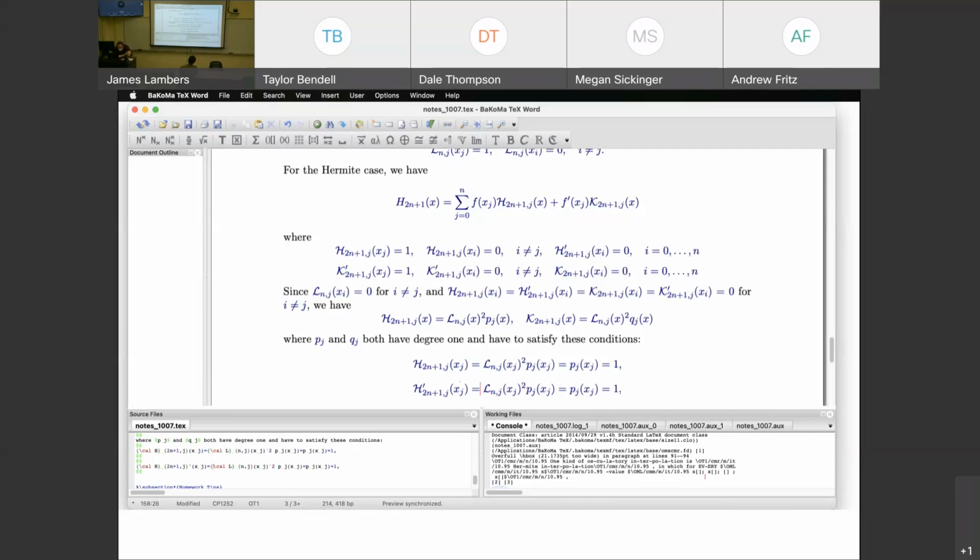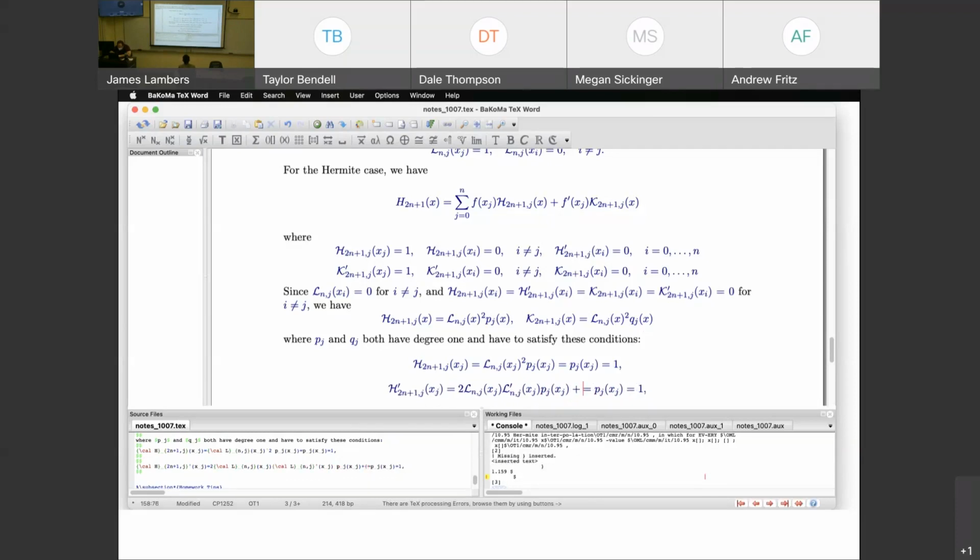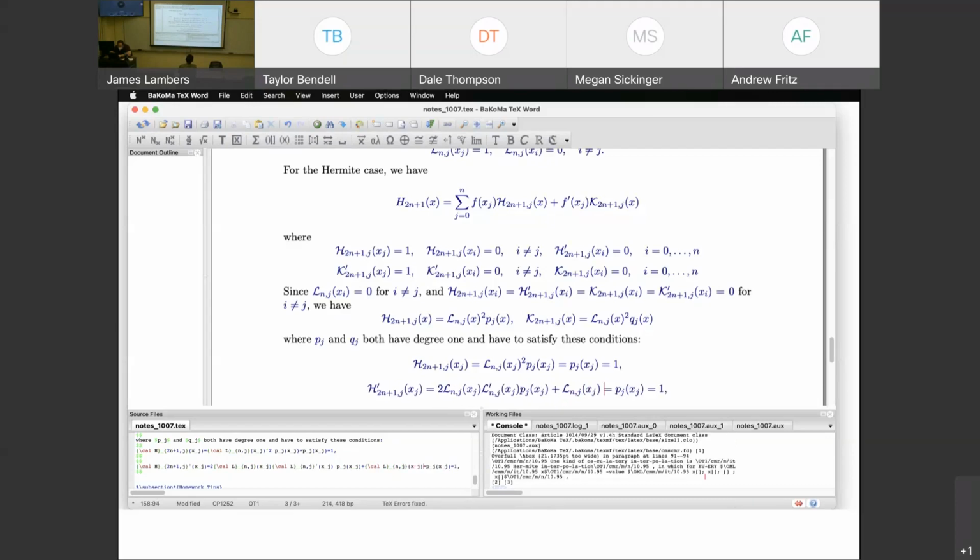Okay, so I have 2 times the Lagrange polynomial times its derivative times this, but plus the Lagrange polynomial squared times p_j prime.